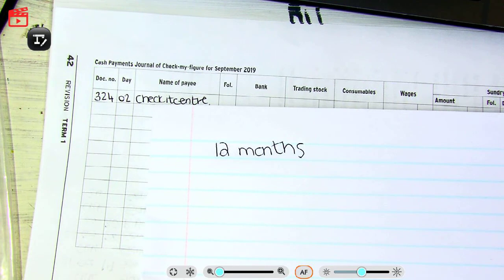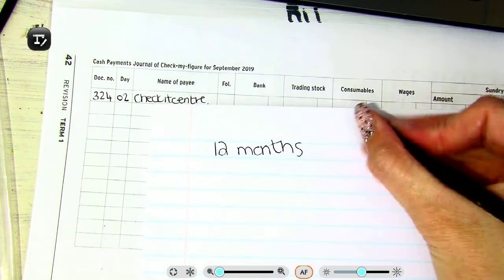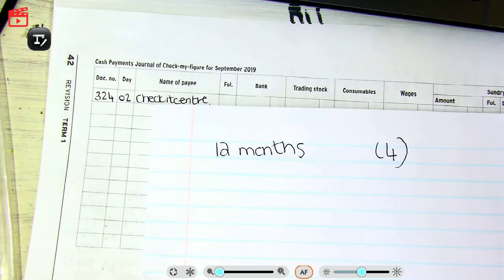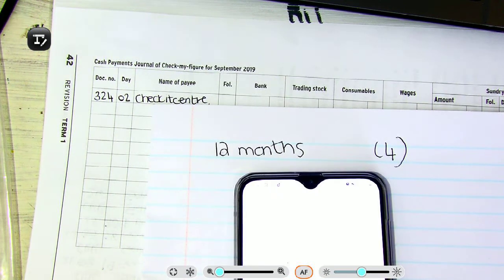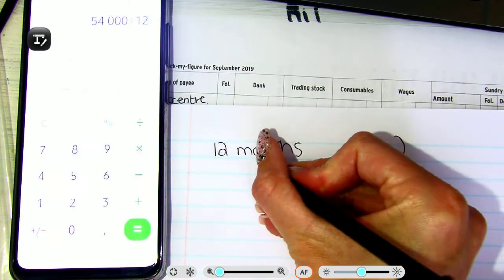So we need to work out how much we paid for September, October, November and December, so the last 4 months. All right, so in order to get the monthly amount, we are going to have to say annual rent of 54,000. So 54,000 divided by 12, that's going to give me the monthly rate, which is 4,500.